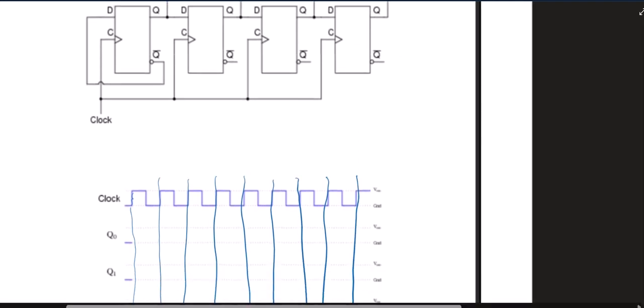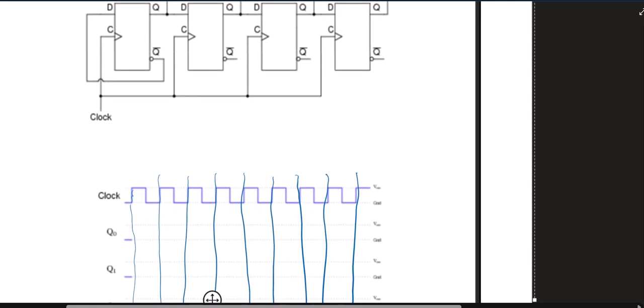So Q started at 0, so Q bar was 1. That's what's going into the input, so it'll be 1. Now Q was 1, so that means Q bar is 0, so the next time it'll be 0. Now it's 0, so Q bar will be 1. That's our input, so it'll be 1. So it's just going to go back and forth like that.